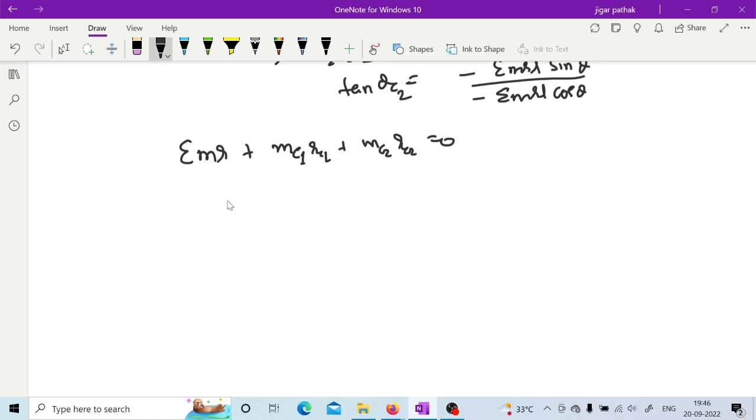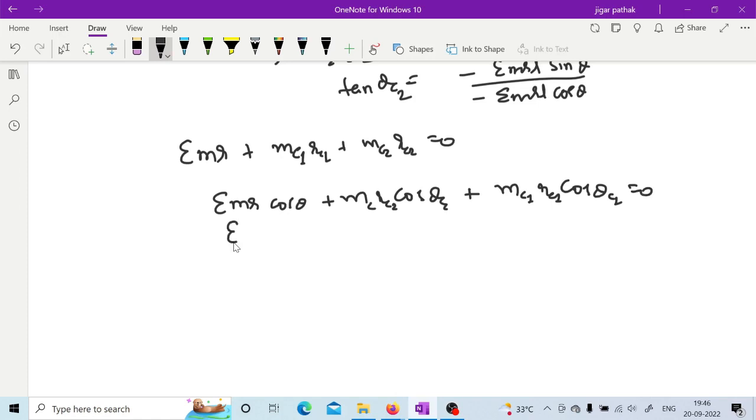In this one again you can solve similarly by sigma mr cos theta plus MC2 RC2 cos theta C2 plus MC1 RC1 cos theta C1 is equal to 0, and sigma mr sin theta plus MC2 RC2 sin theta C2 plus MC1 RC1 sin theta C1.